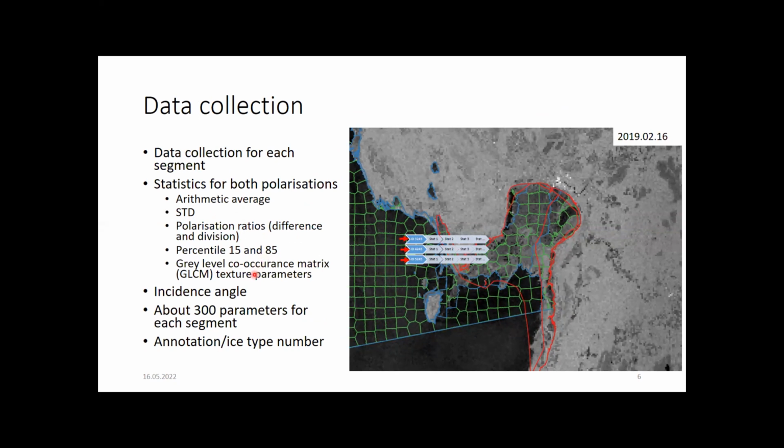Also, we included the incidence angle mean, which is the most relevant. In total, about 300 parameters, which seems quite a lot, but actually using gray level coherence matrix methods, you can produce double the size of these parameters easily. It's not a big problem.